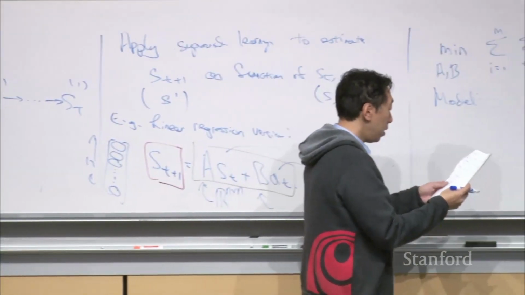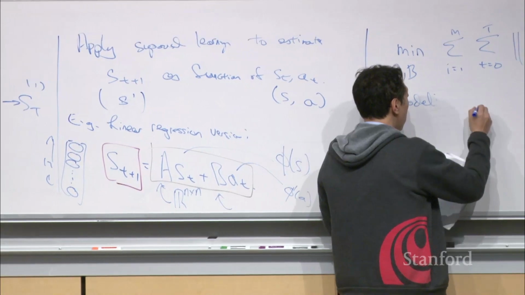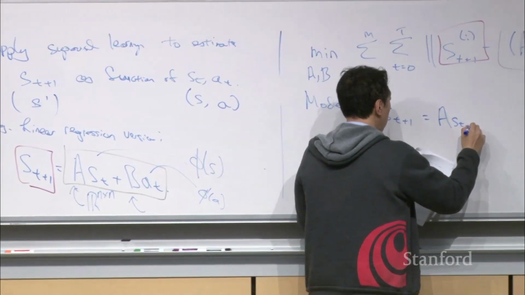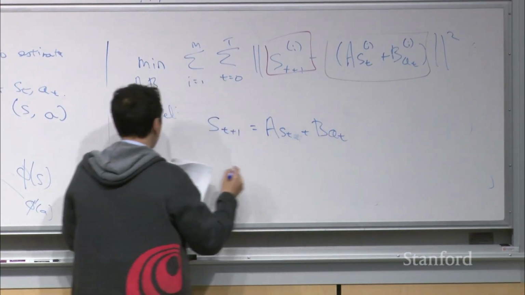But having done this, you now have a choice of two possible models. One model would be to just say, my model will set s_{t+1} = A s_t + B a_t.